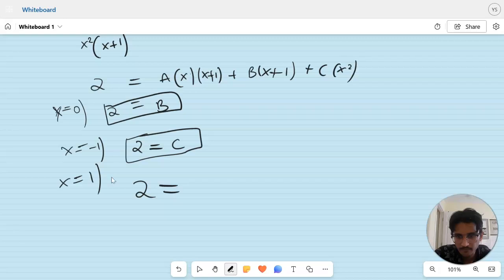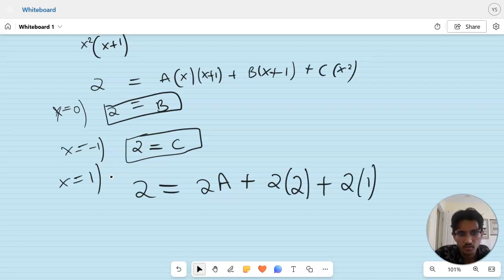So 2 equals 1 plus 1, 2A, plus, since we know what B and C are, we can use those values. Plus 2 times x plus 1, 1 plus 1 is just going to be 2, plus we know our C value is 2, and our x is going to be 1 squared.